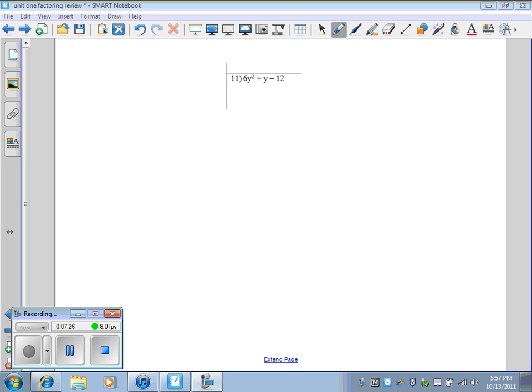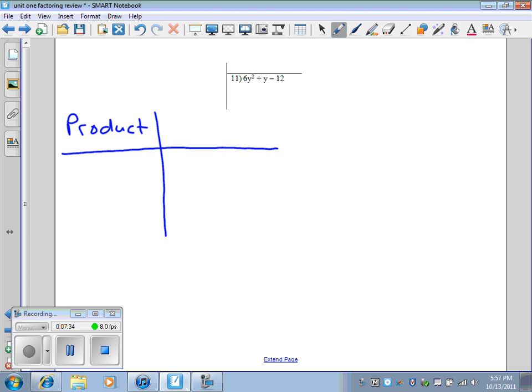So first, I want to know 6 times negative 12, which is equal to negative 72. So I want two numbers that multiply to give me negative 72, but also give me a sum of positive 1.